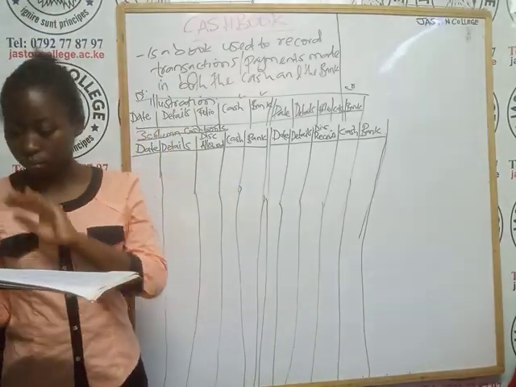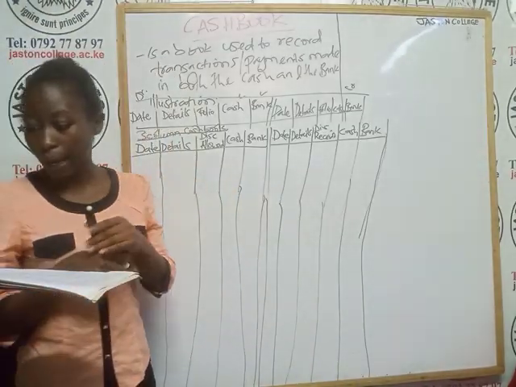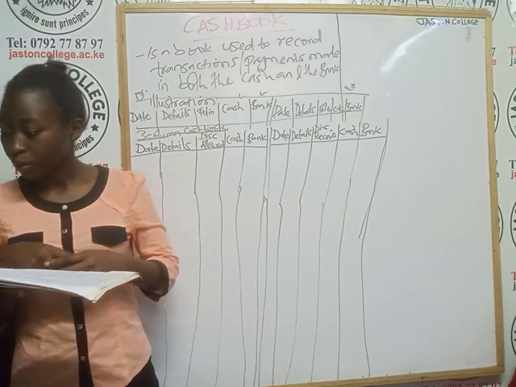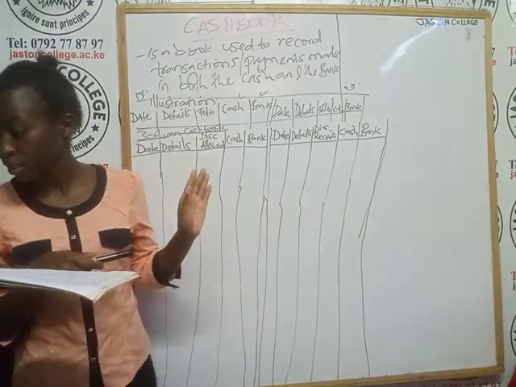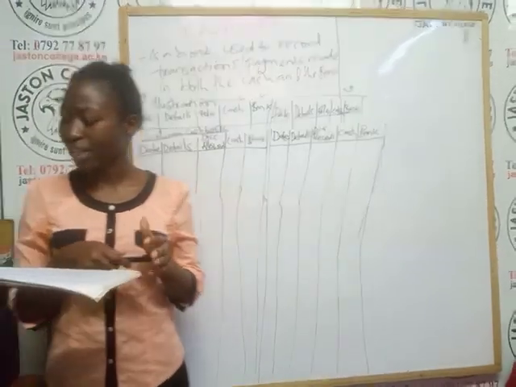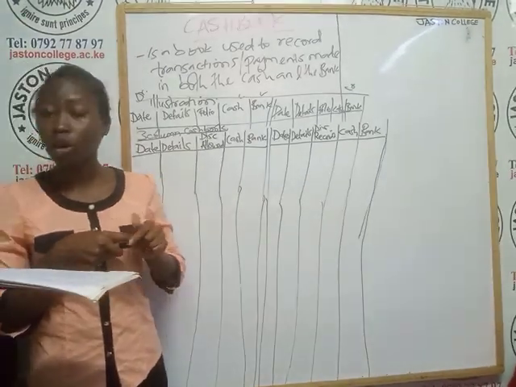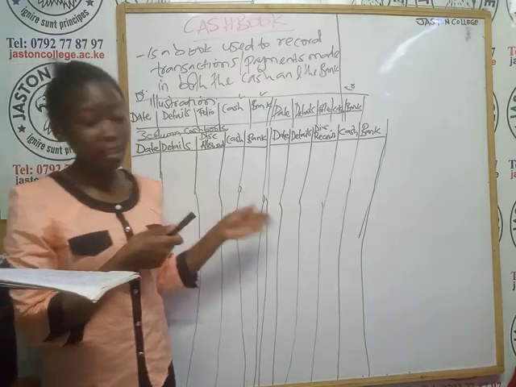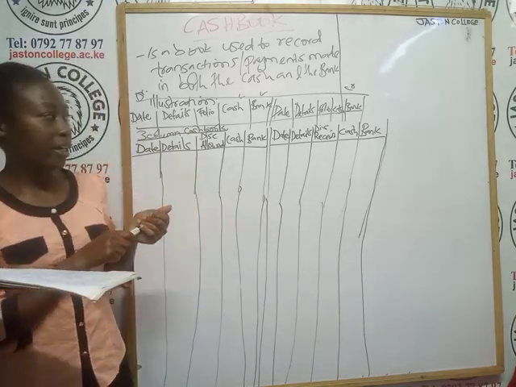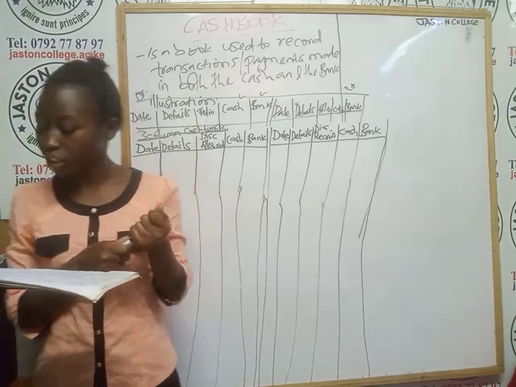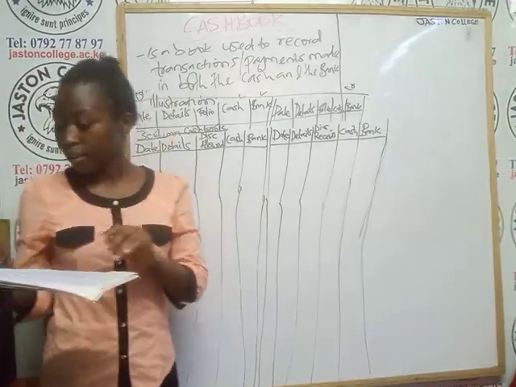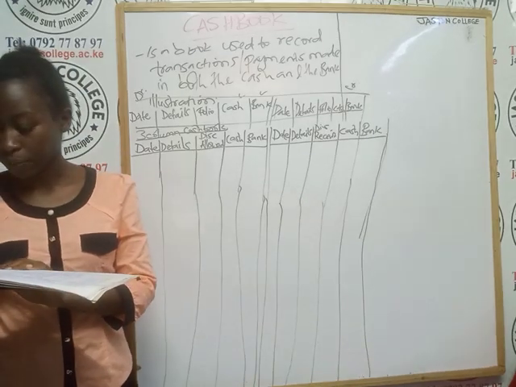So Mark Swale retired from employment on 30th April 2015, but he started business on 1st June. So he started the business with 216,500 shillings. So June 1st is when he started the business.